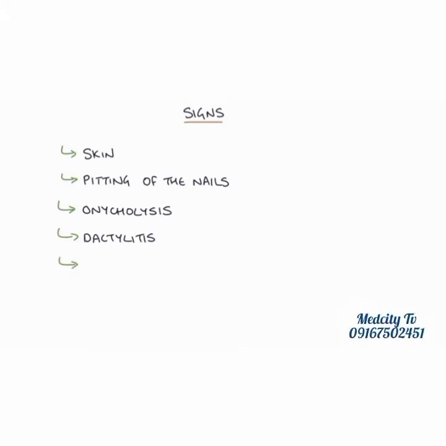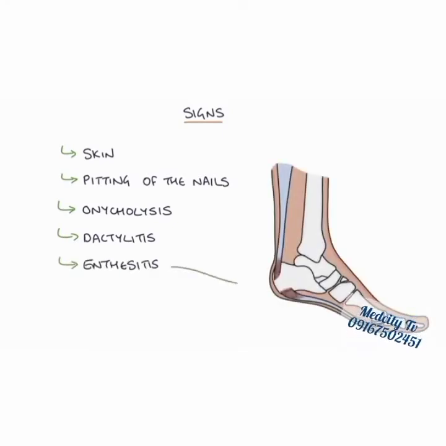And finally, an associated sign is enthesitis, and this is inflammation of the entheses. And remember, the entheses are the points at which tendons insert into bones. So it's that join between the tendons and the bones that gets inflamed and becomes sore. There's a few other associations with psoriatic arthritis.